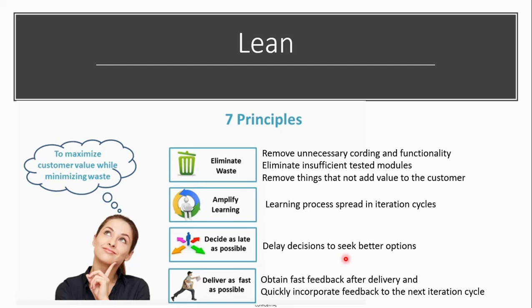So delay the decisions and take them at the point of need, so that you will have more options in hand by the time you're making decisions. And obviously deliver as fast as possible to your customer, and quickly incorporate the feedback on the working software that you show to the customer into the next iterative cycle.